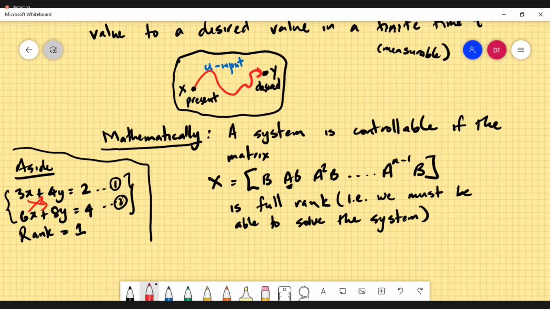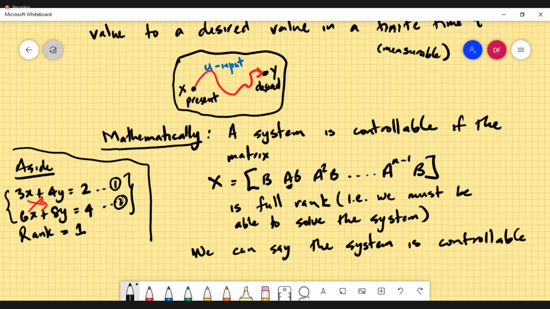So we can easily say that the system is controllable if the determinant of X is not equal to 0. If the determinant is equal to 0, we cannot solve the system. So that is one way of determining it.